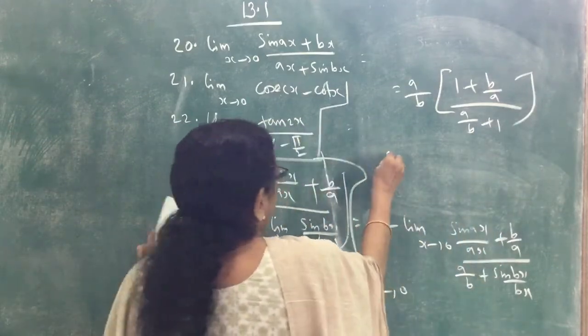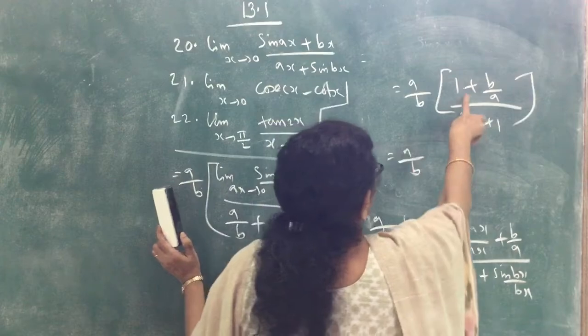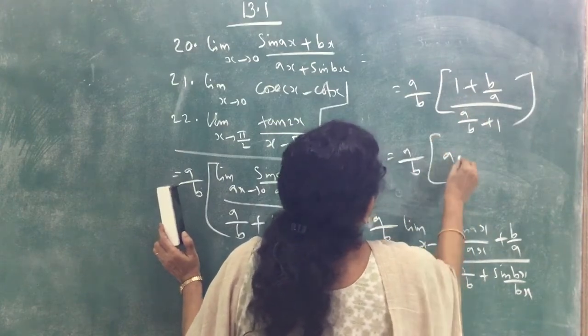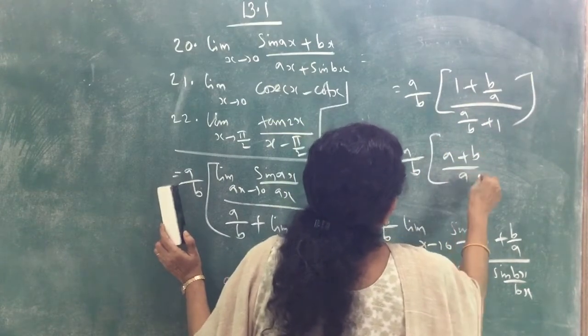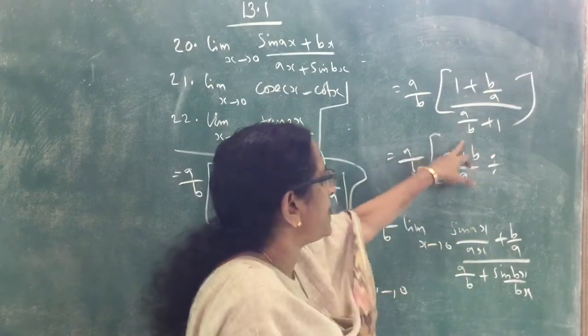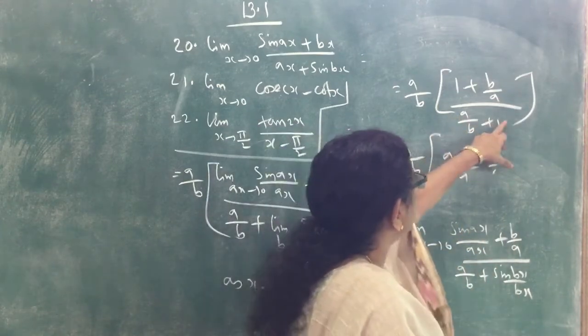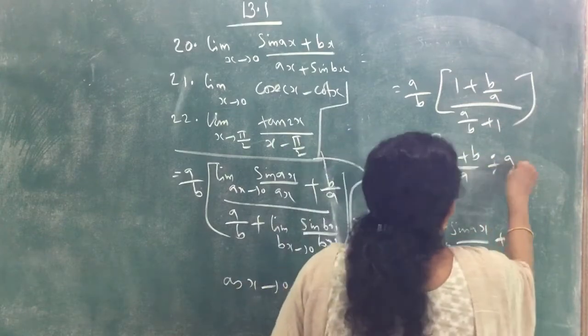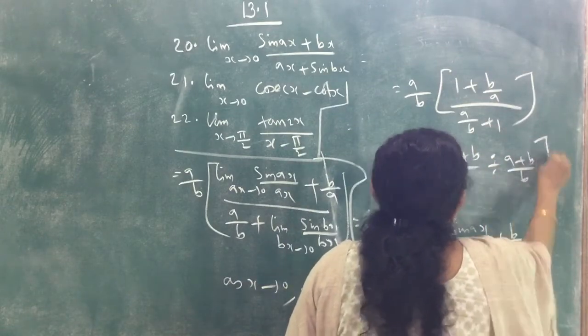That is equal to a by b into, here find the LCM, (a plus b) divided by a, divided by, this is a by b plus 1, find the LCM, (a plus b) by b.